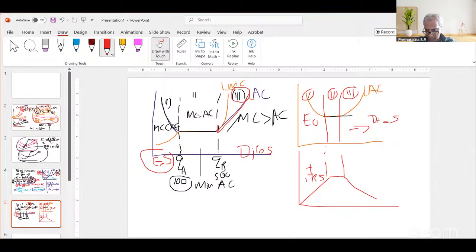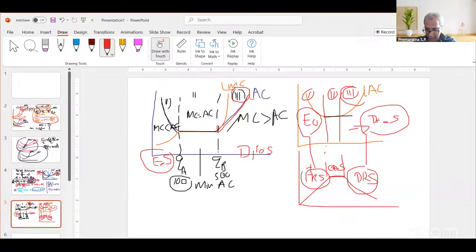Here, the economies of scale range, we call decreasing returns to scale. Here, the second stage, we find constant returns to scale. Now the cost side says the same thing. Increasing returns to scale we name as economies of scale. Decreasing returns to scale on the cost side we see as diseconomies of scale.